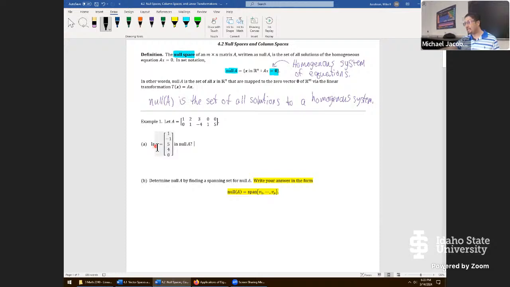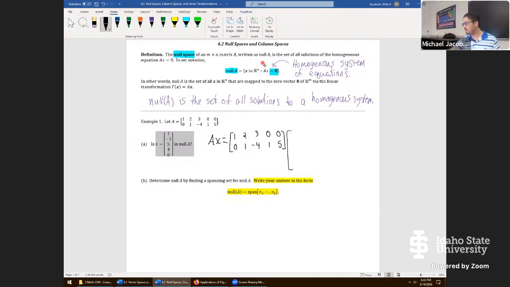It asks, is x actually in the null space of A? That means we have to go to the set and look at the set membership condition. That's how we check. So we immediately just take A times x and see what happens. We'll go Ax equals, and let me just write it in. For some reason, it's more accurate for me if I calculate by actually writing them next to each other.